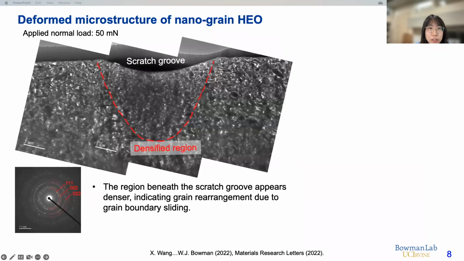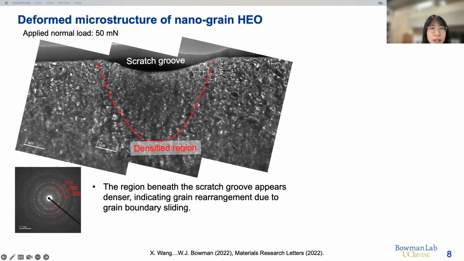Now we take a look at this nano-grain HEO, the smaller grain-sized sample. For this nano-grain HEO, near the scratch groove, we see a very obvious densified region. In this densified region, there are fewer pores at the grain boundaries or triple junctions.